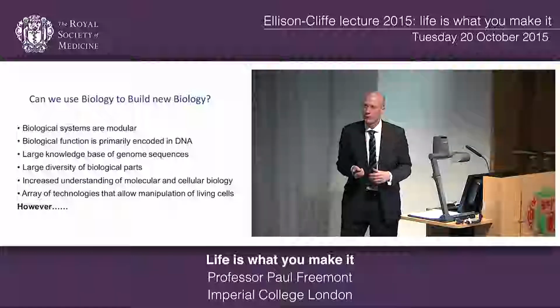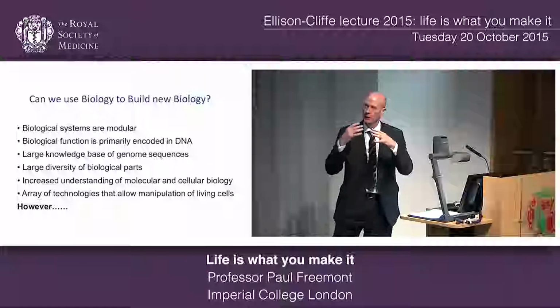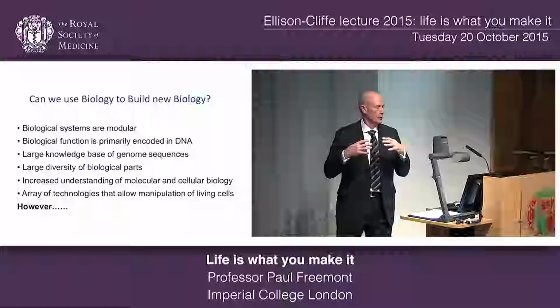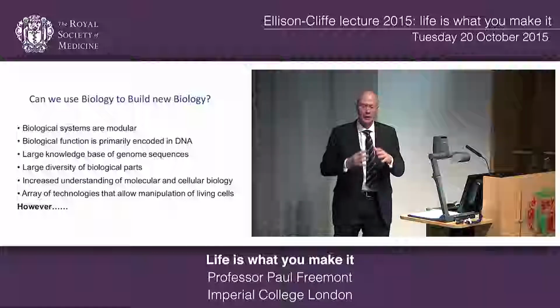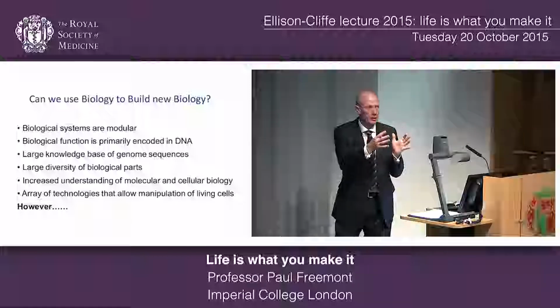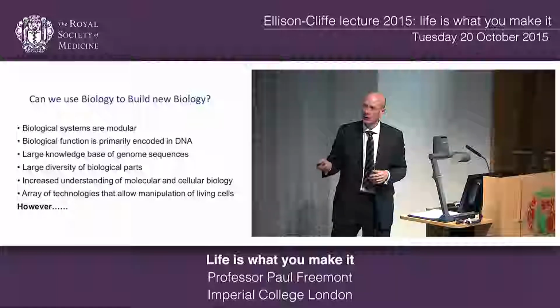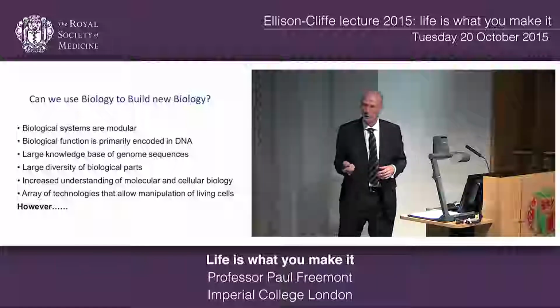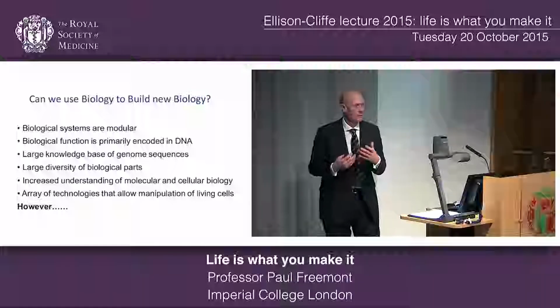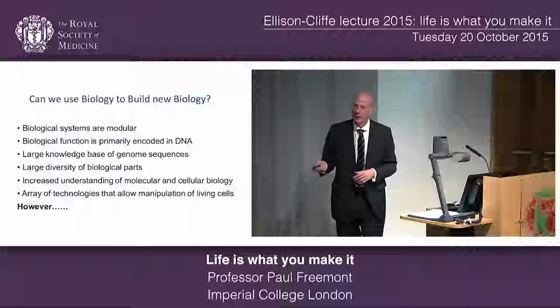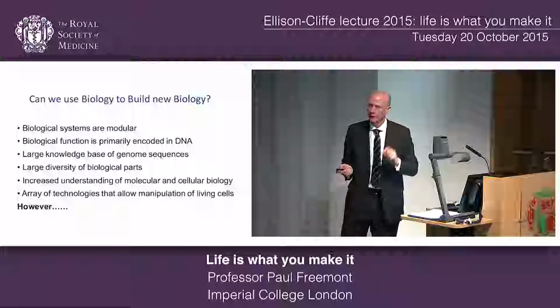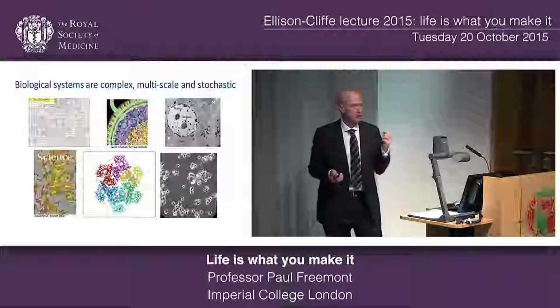So biological systems are modular. I've said that. The function is encoded in DNA. We have this huge knowledge base of genome sequences. I showed you that. Large diversity of genetic parts, which we know the function of, increased understanding of molecular cell biology, and a massive array of new technologies and techniques that allows us to probe living systems. However, big however, biological systems are complex.